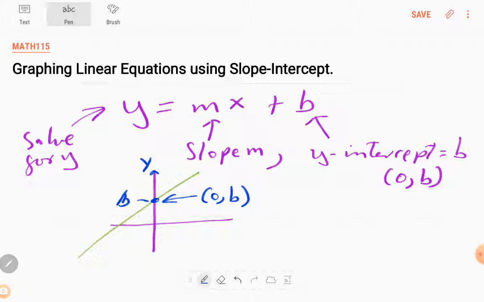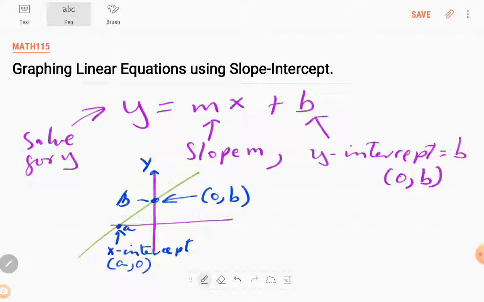So that is our y-intercept. The point where we're crossing here is the x-intercept, and if the value here is a, then the point would be (a, 0).